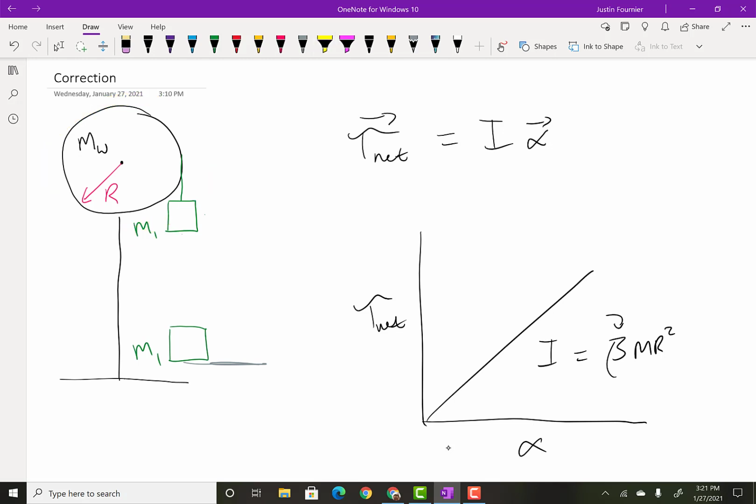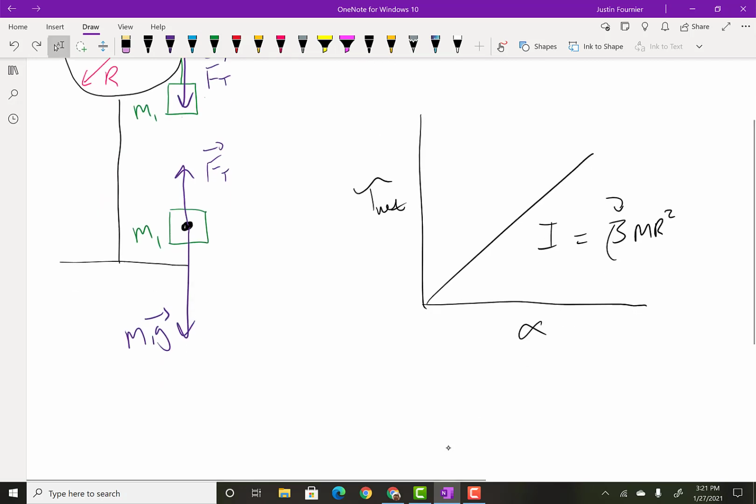For this wheel here, there would be a tension force being applied here, and then for the hanging mass that hasn't reached the ground yet, there's going to be that same tension force. And then the weight, M1G, pulling it down. Now, let's hold on to this. Let's just throw it down here really quickly.